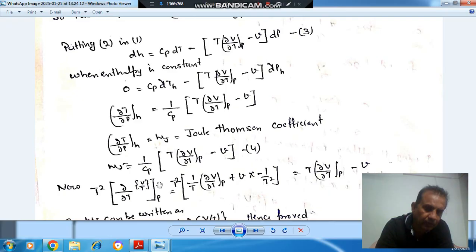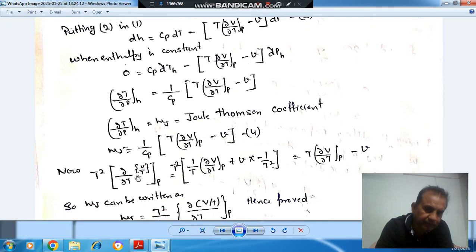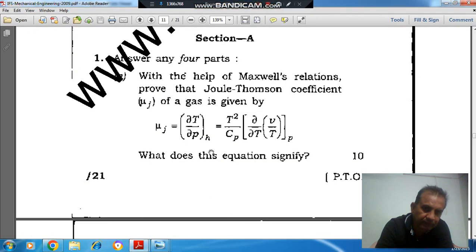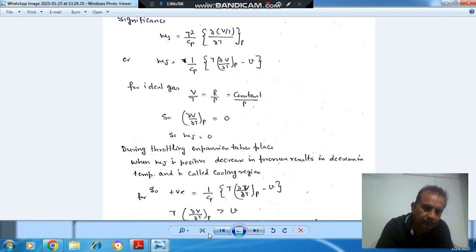Now we have to prove something like that: ∂(V/T)/∂T multiplied by T².